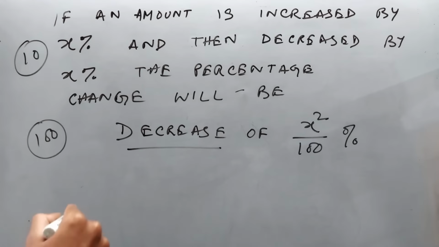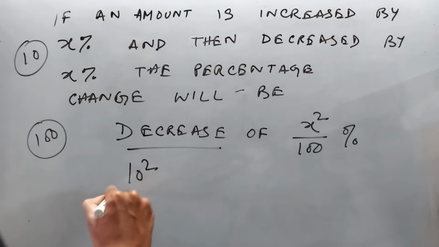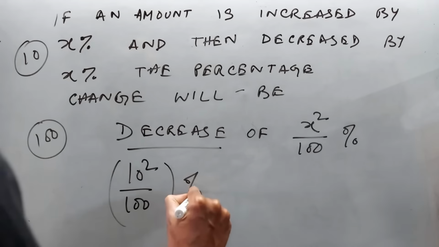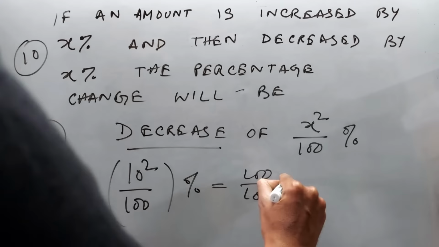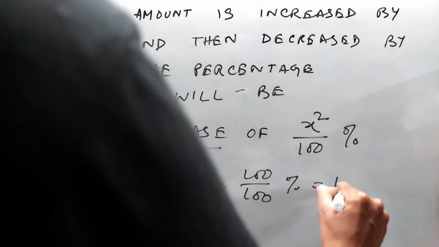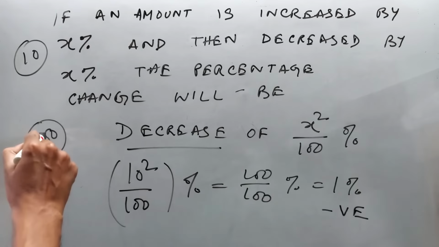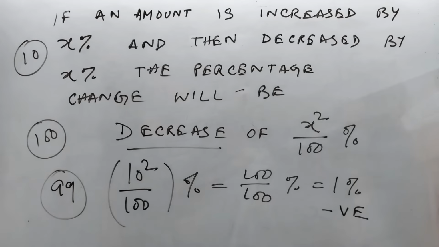So 10% means simple thing. 10 square by 100% is equal to 100 by 100% is equal to 1%. This is the change of percentage and in negative. The final result will be 100 minus 1% is 99.